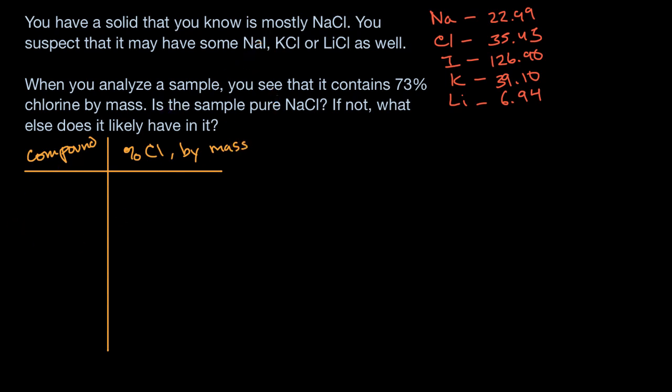Chlorine's molar mass is 35.45 grams per mole. And then we need to divide that by the molar mass of the entire compound. So that's going to be the molar mass of sodium at 22.99 grams per mole, plus the molar mass of chlorine again at 35.45 grams per mole.